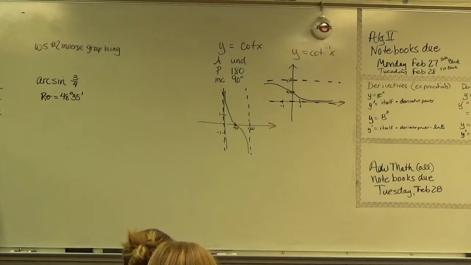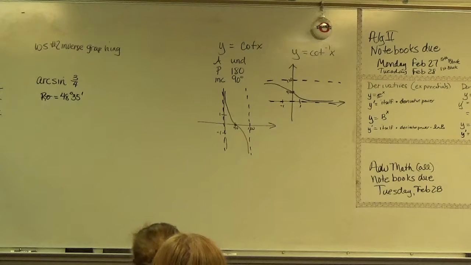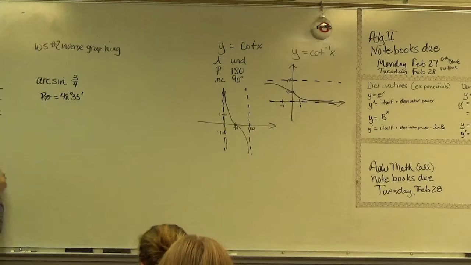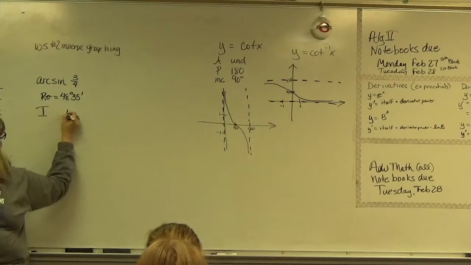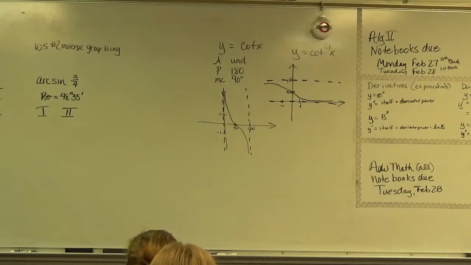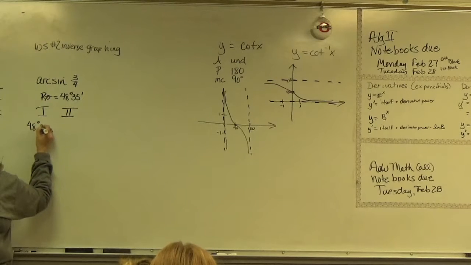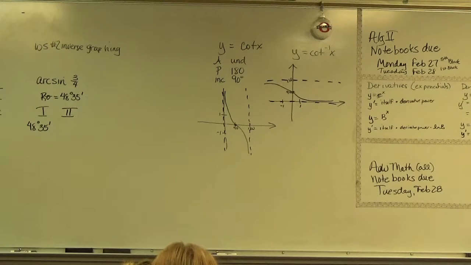Okay, now, this is a positive 3/4. So where is the sine positive? First and second. So I need to place this angle in the first and in the second. To place it in the first, I don't have to do anything. It's just going to be itself, 48, 35. To place it in the second, what do I need to do?